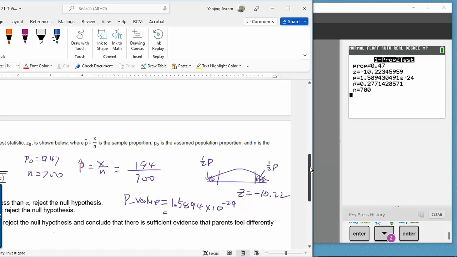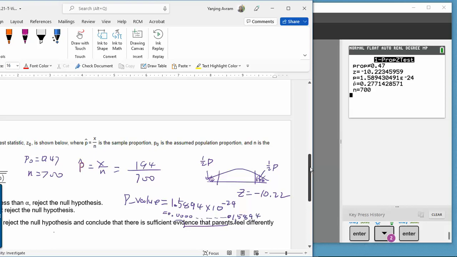That will be really long: 0.000 and so on, then 1, 5, 8, 9, 4.